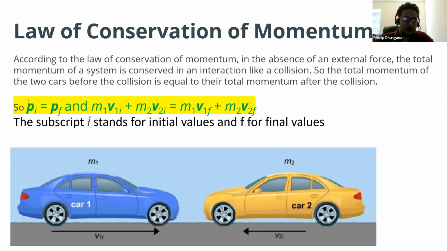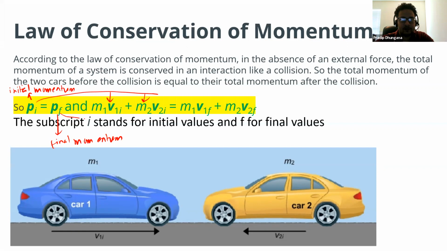You can see here Pi is your initial momentum, or momentum before collision in this case, and Pf is final momentum. m1 v1i is the momentum of car 1 before collision, and then we add to that the momentum of car 2 before collision. That is the total initial momentum.